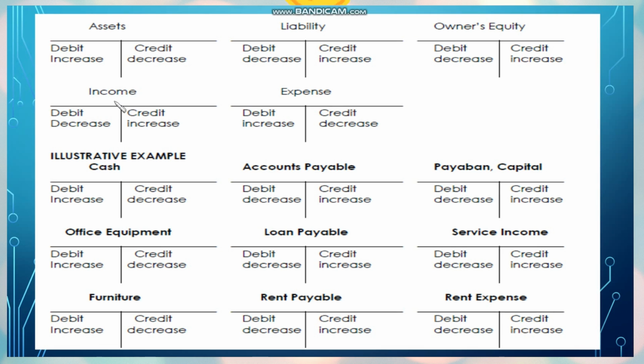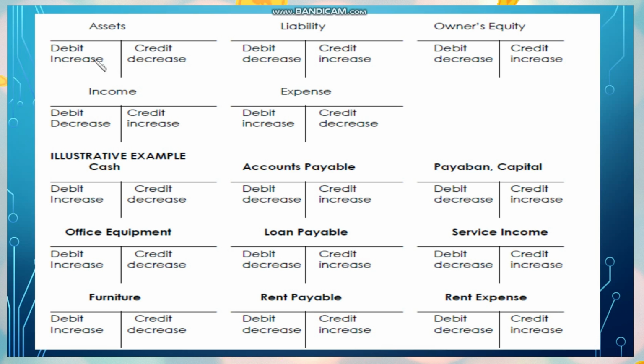For the income accounts, just like service revenue or service income, if there's a decrease in the income, we put it on the debit side, and if there's an increase in the income, we put it on the credit side. For expense accounts, if there's an increase in expense, we put it on the debit side, and if there's a decrease in expense, we put it on the credit side.